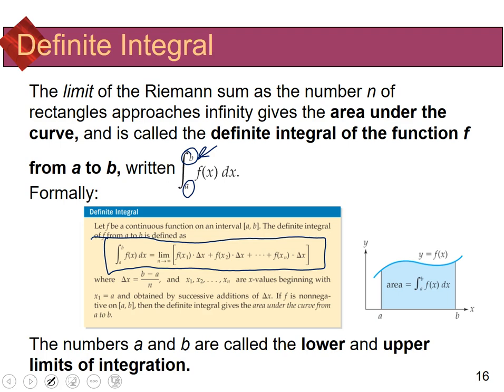Delta x represents the width. So these are actually getting closer and closer to 0 as this goes to infinity. As we get closer and closer to that, the area is approximated by the integral.